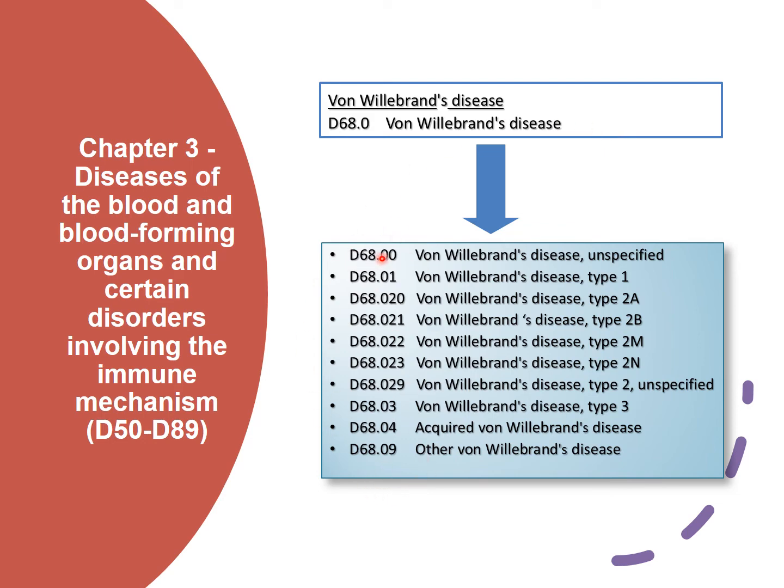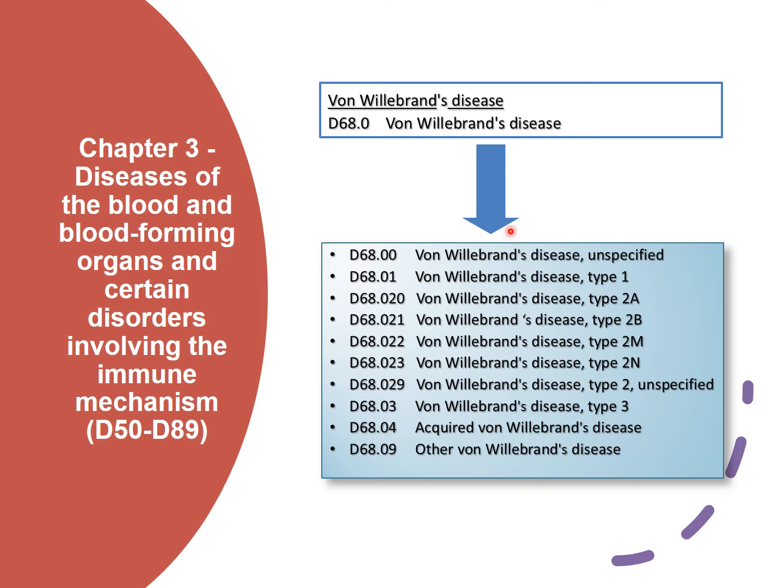They are D68.00 von Willebrand disease unspecified, D68.01 von Willebrand disease type 1, D68.020 von Willebrand disease type 2A, D68.021 von Willebrand disease type 2B, D68.022 von Willebrand disease type 2M, D68.023 von Willebrand disease type 2N, D68.029 von Willebrand disease type 2 unspecified, D68.03 von Willebrand disease type 3, D68.04 acquired von Willebrand disease, D68.09 other von Willebrand disease.